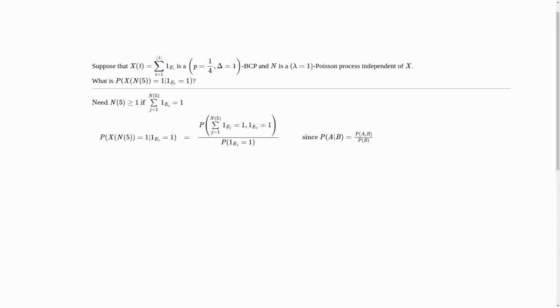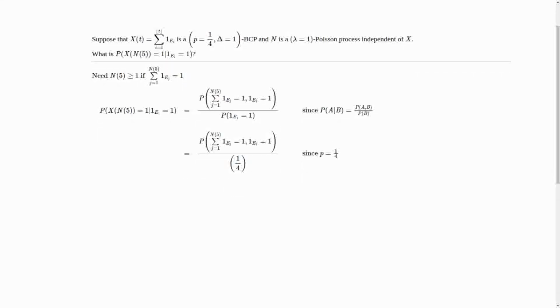This is just by elementary probability. We think of the sum of the 1_{E_j} being equal to 1 as A, and the event E_1, or 1_{E_1} is equal to 1, they're the same event, to be B, and we just perform the probability of A given B is the probability of AB over the probability of B.